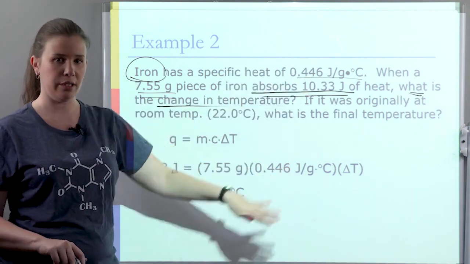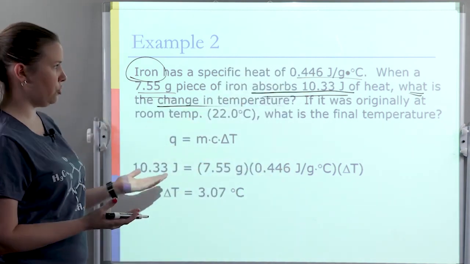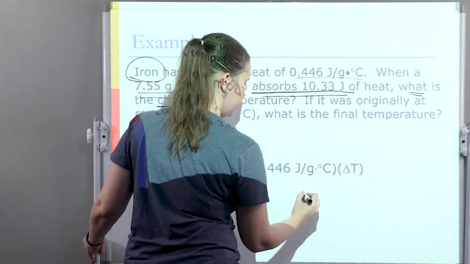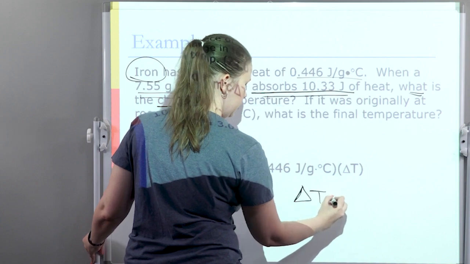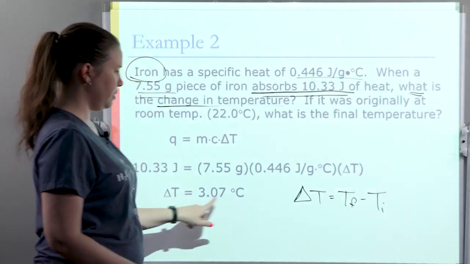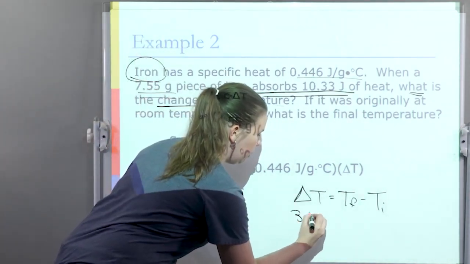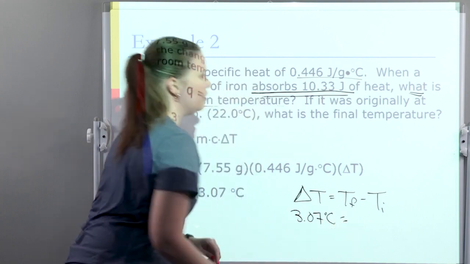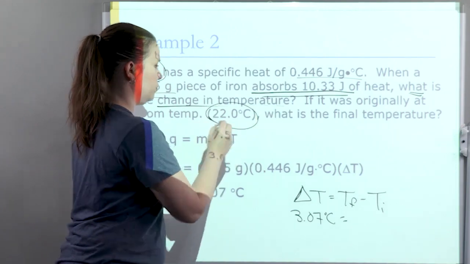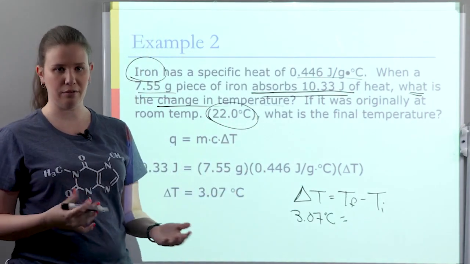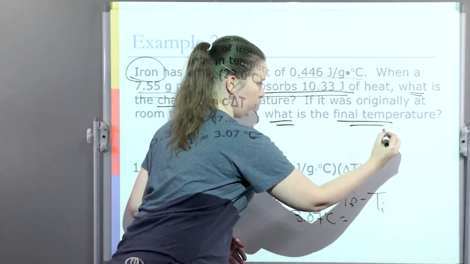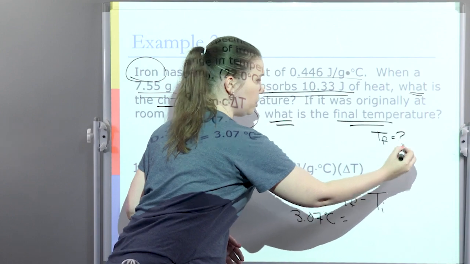Now we still have one more question to answer. What is the final temperature based on that temperature change? So this is essentially using the delta T formula. Delta T equals T final minus T initial. And the delta T, we can plug in on the left to be 3.07 degrees Celsius. Let me rephrase that. Which one are we looking for, the final temperature or the initial temperature? We've got what is the final temperature. So that means I have TF as a question mark.